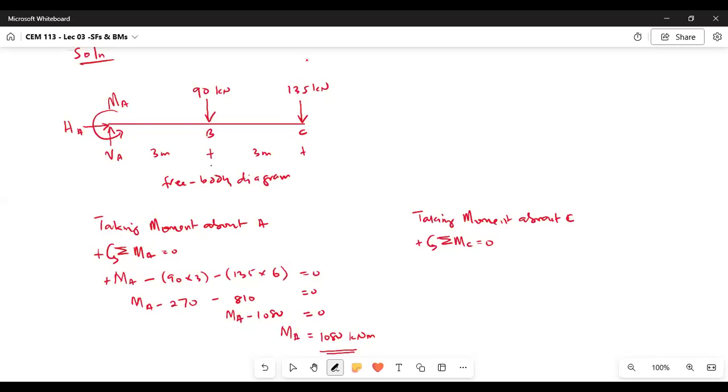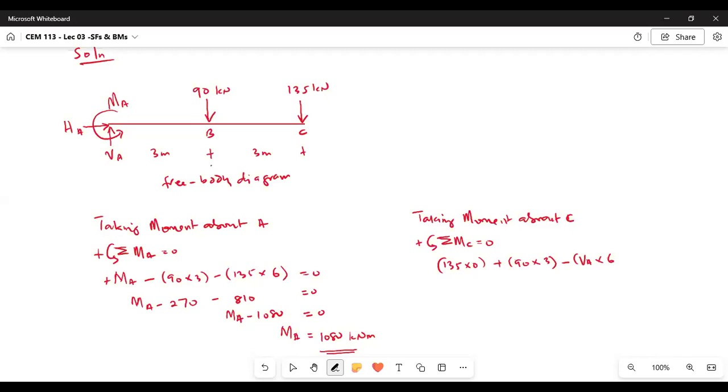And then HA will be times 0 because it's along the axis of the beam. And then the MA will also come into the equation. So we proceed by saying 135 times 0. Okay? Then the next one, plus 90, okay? 90 times 3. And then minus VA times 6, right?